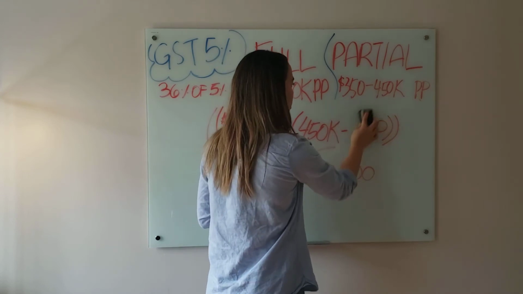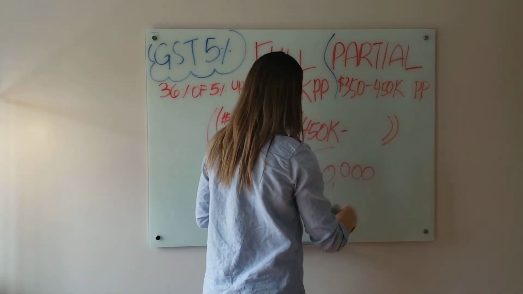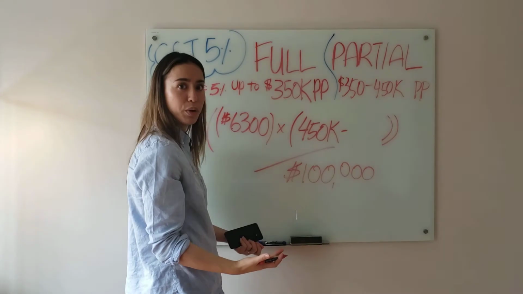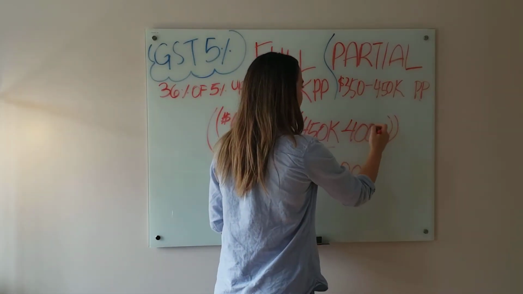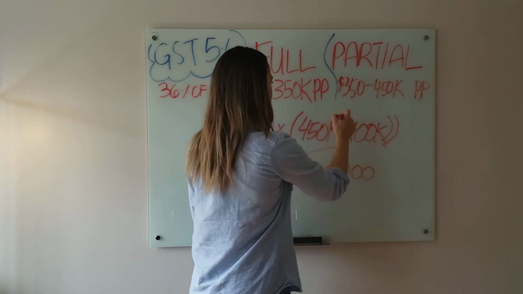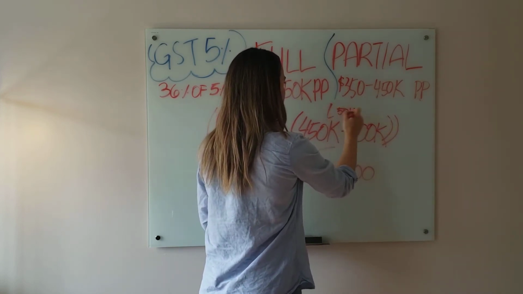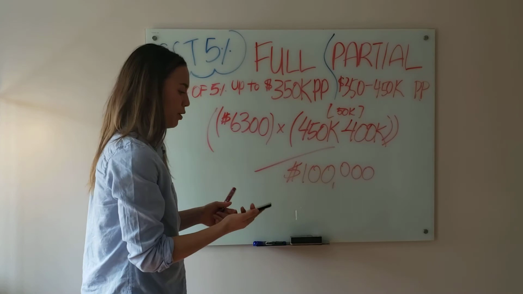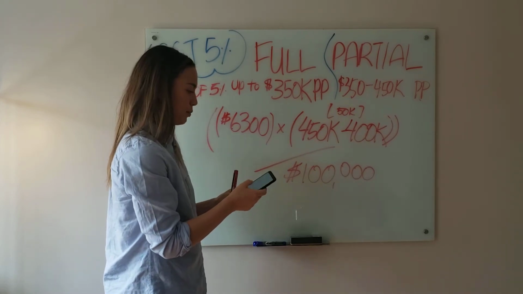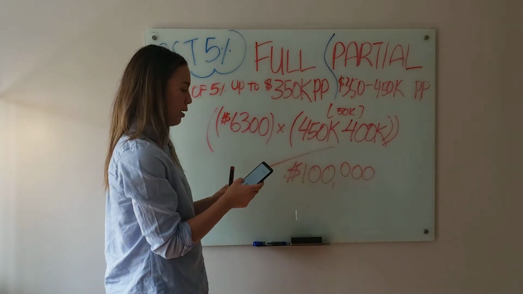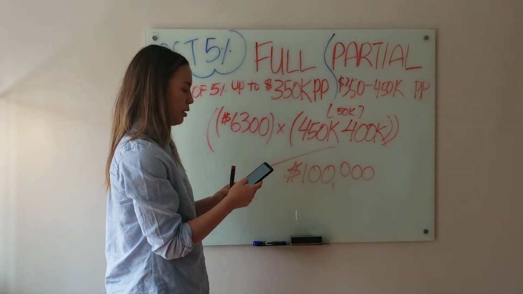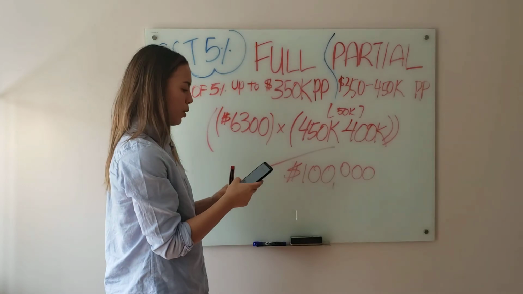So let's just do a $400,000 purchase price example. 400K, that's 50K here. So what do you do? You take 6,300 and you multiply it by 450,000 less 400,000.